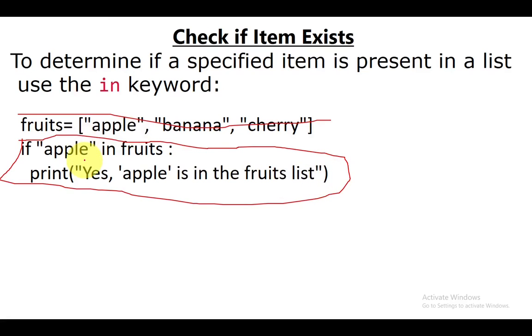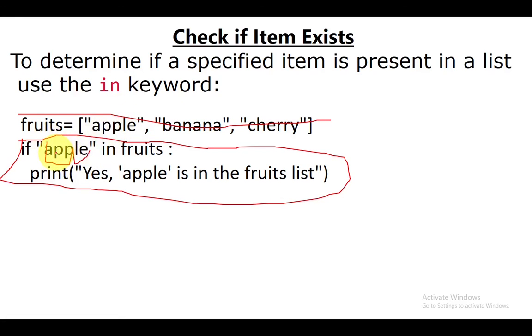Now there's some things you need to take note of. If you're looking for a value in the list and you start with a capital letter, you're not going to get a return value because it doesn't match with the value inside the variable fruits. So what you write here must match what is inside the list itself.